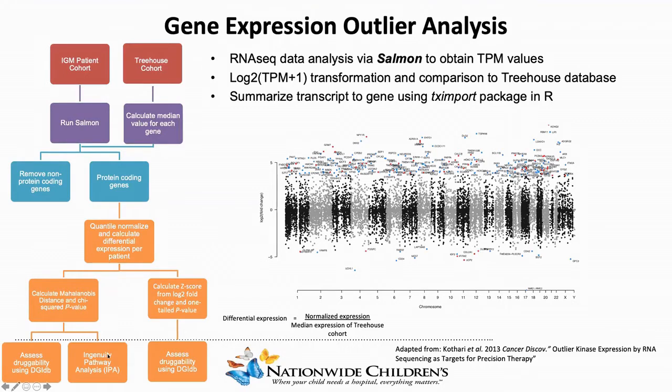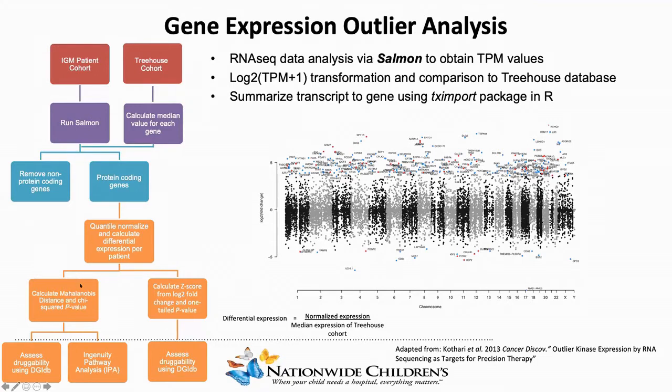We also do a lot of work around gene expression outlier analysis. Part of this is using this Treehouse cohort that I mentioned earlier, but we also do comparisons to our own patient cohort. Here we're just running the RNA-seq data analysis using Salmon to obtain TPM values, and then we compare all the protein coding genes in a quantile normalized fashion to calculate their differential expression per patient.